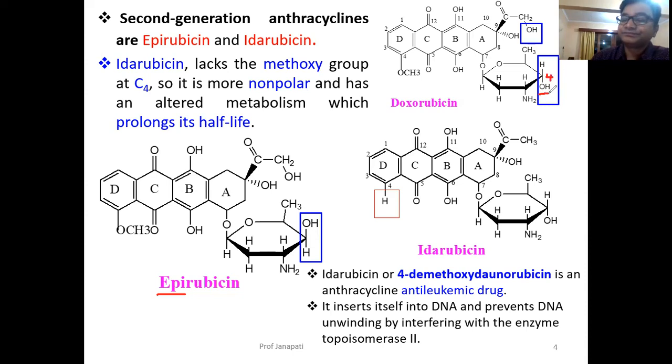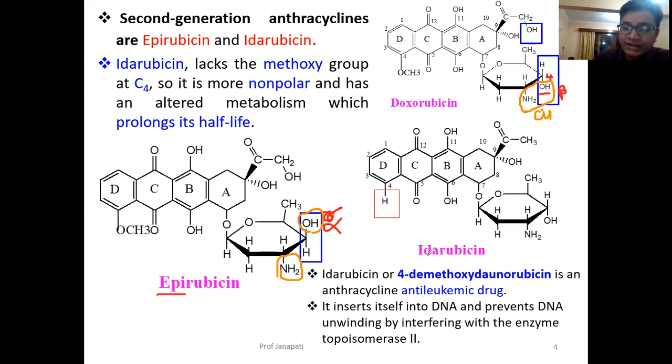Here it is below the plane, beta configuration; there it is above the plane, alpha configuration. Or you can also talk in terms of cis and trans. Here the amino group and hydroxyl group are on the same side, cis configuration. Here the amino group and hydroxyl group are opposite, anti configuration. That is the only difference between epirubicin and doxorubicin.